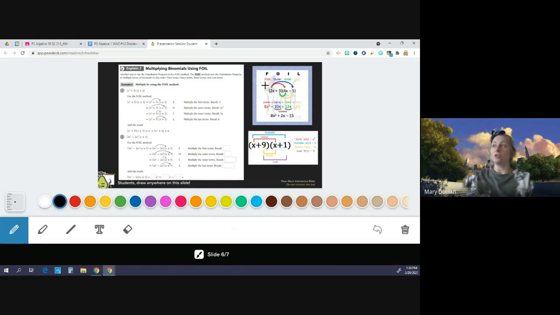So like first, you take the first term, so 2x and 4x are your first terms. Then outer, so 2x and -5. And then inner, so the innermost ones, 3 and 4x. And then L for last, so 3 and -5.